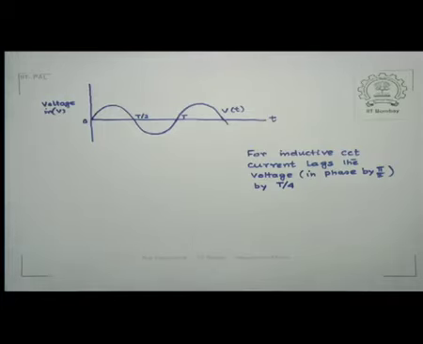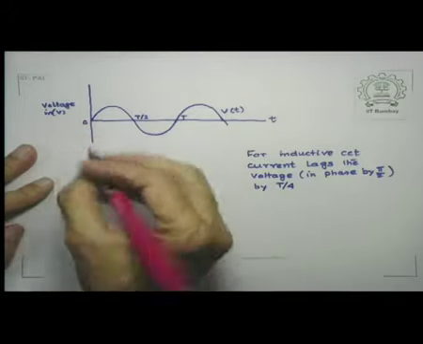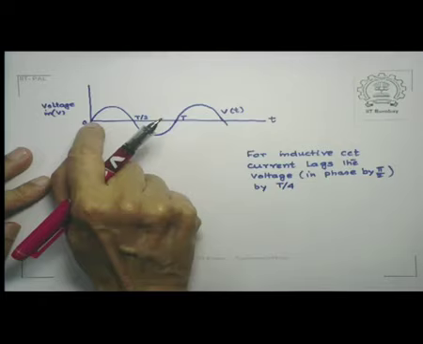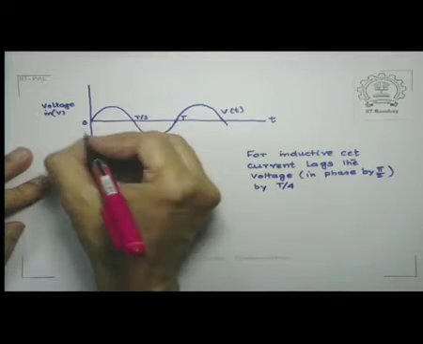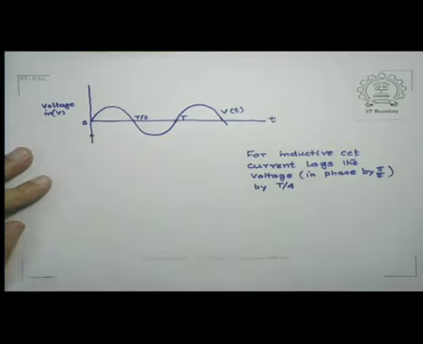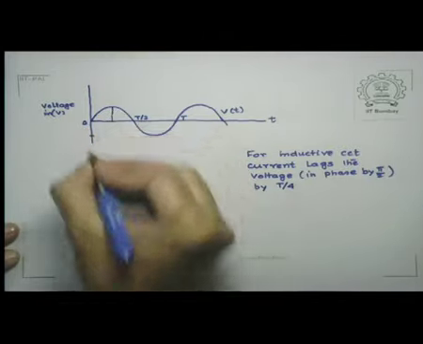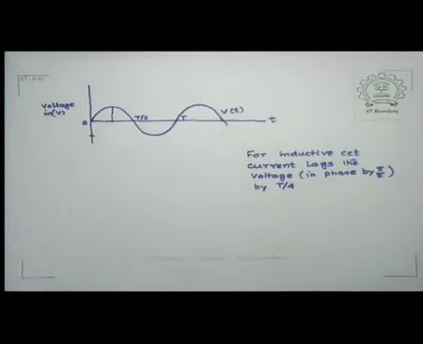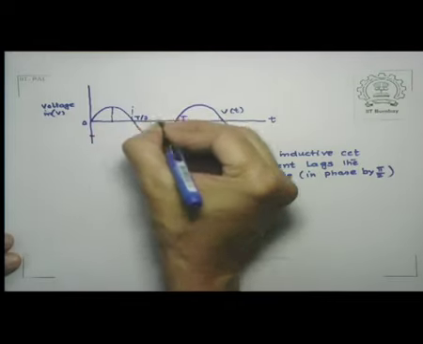So in this figure, when the voltage is 0, my current would be negative and of maximum magnitude. So let me plot it here, and this is a quarter of a cycle. Therefore, when the voltage has reached maximum, my current would become 0. It's nice to divide this by t by 4.